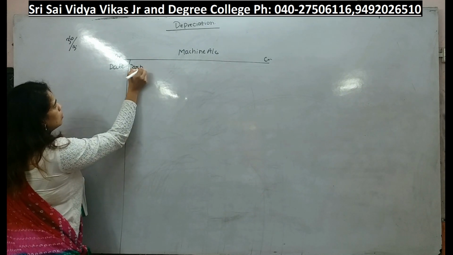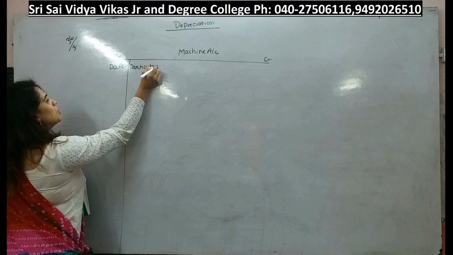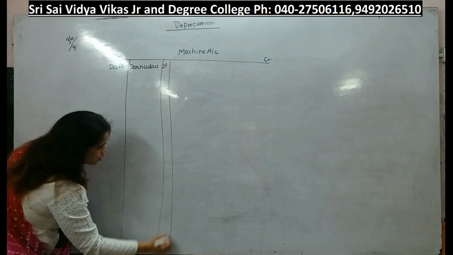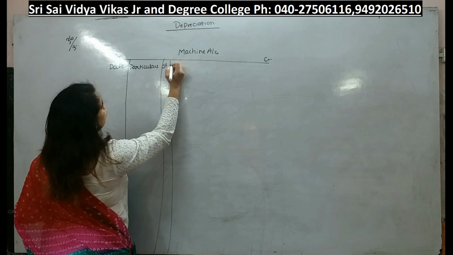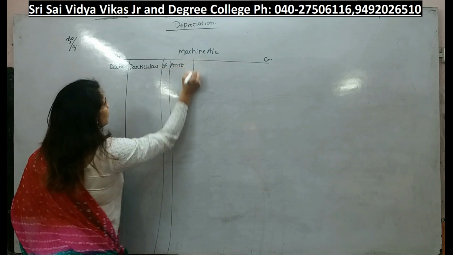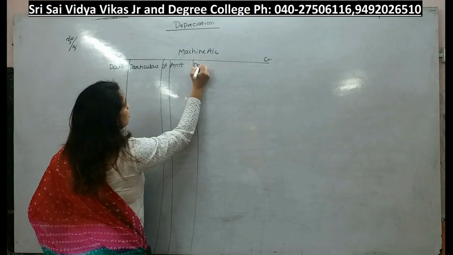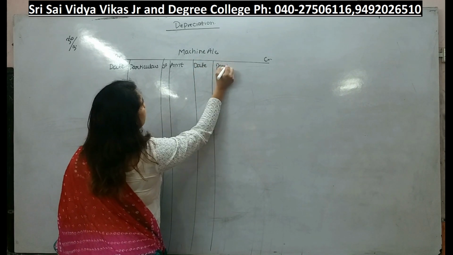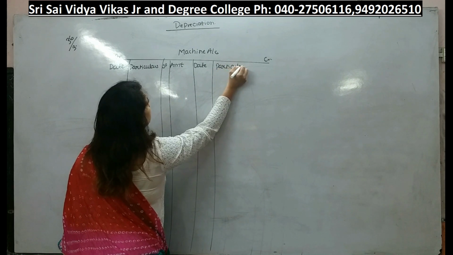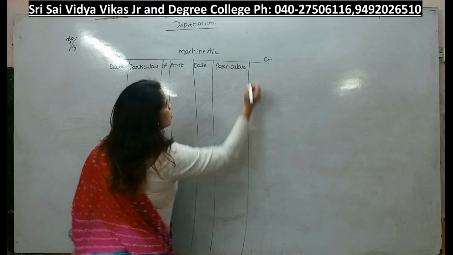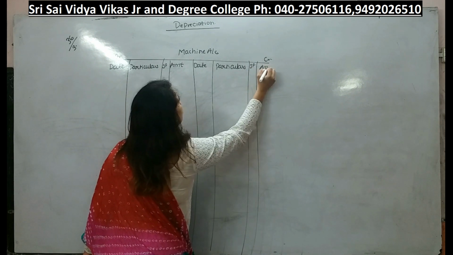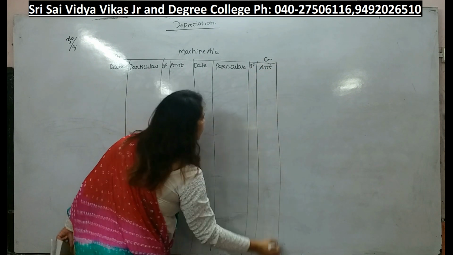So here date, particulars, then JF, because this is a ledger, we are writing the journal folio number, amount. Again here date, particulars, JF and amount.